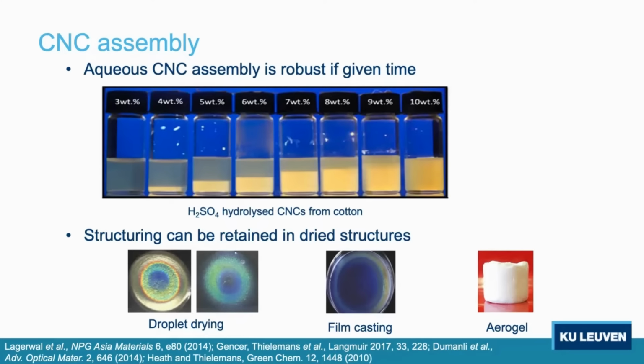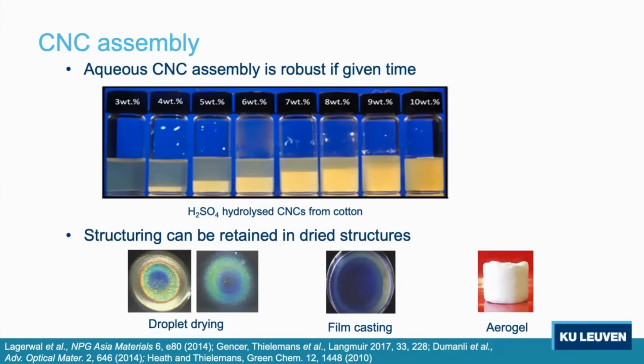If you make these nanocrystals from different sources, if you wait long enough, if you do your extraction properly and your purification properly, this will always happen. We know that if we can dry them, we can create structured color, because you can keep the alignment of the particles on the surface.